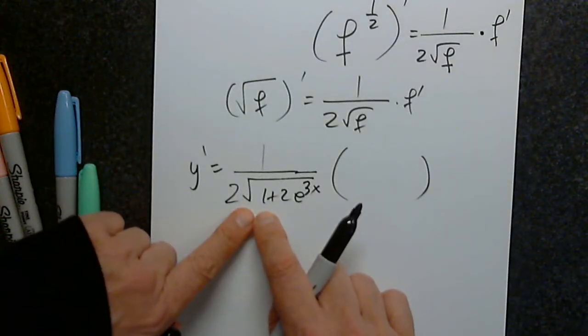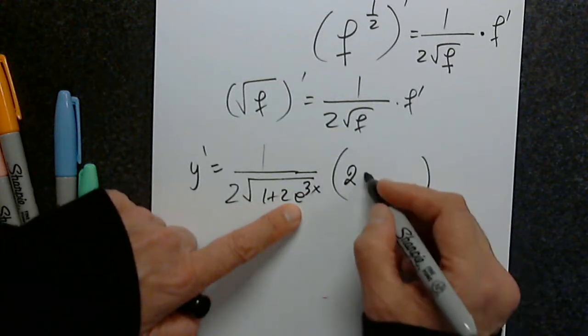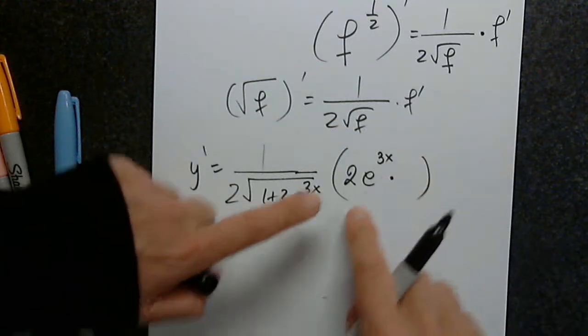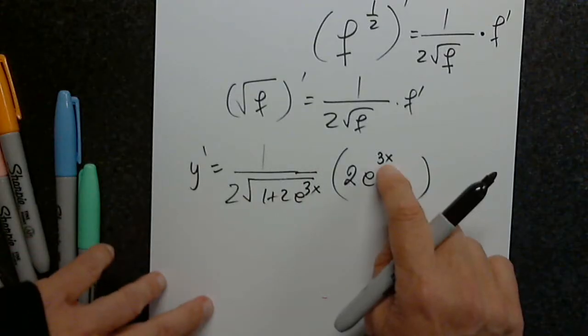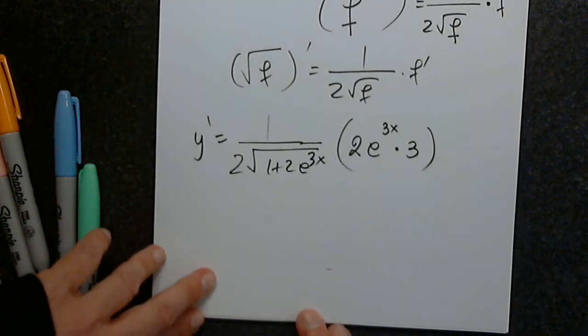So 1 prime is 0, 2 must be 2, e to 3x prime is e to 3x times the inner function. I would have stopped if this were just e to x, but it's e to 3x, and I have to differentiate 3x, which is 3.